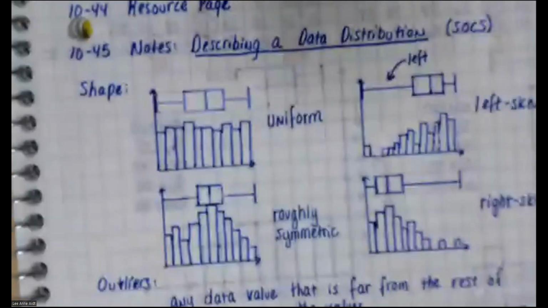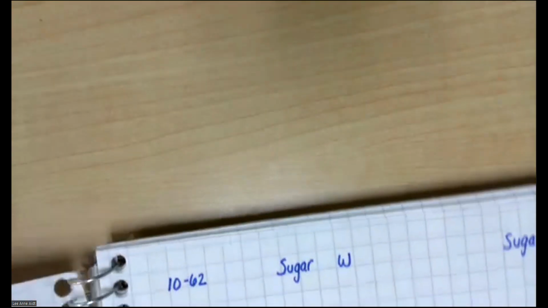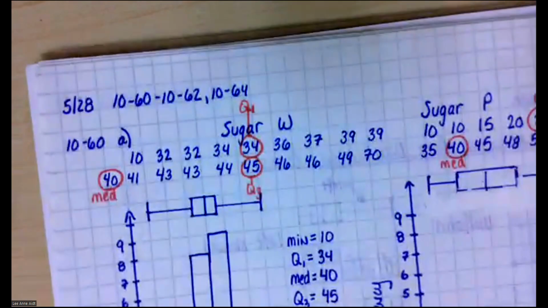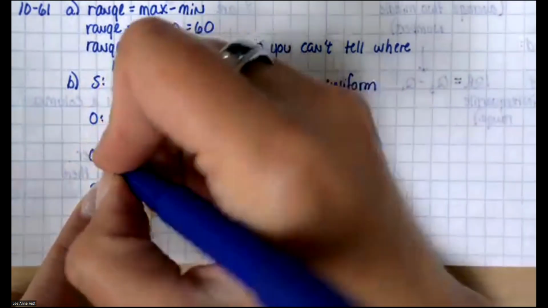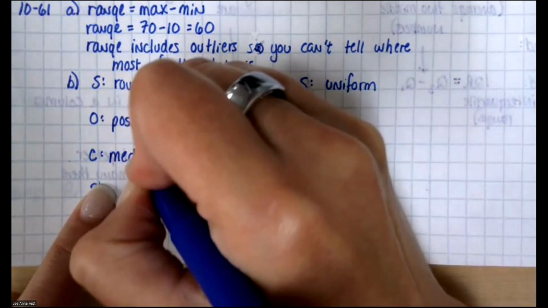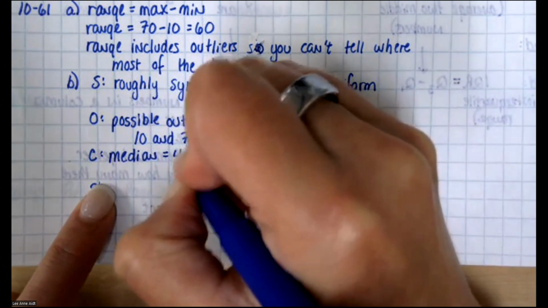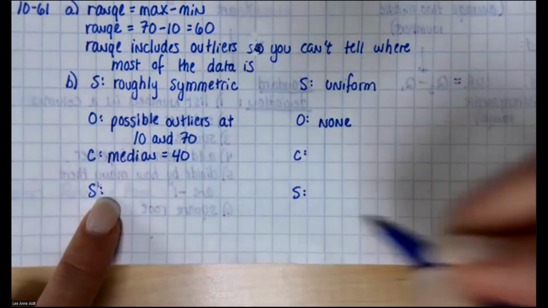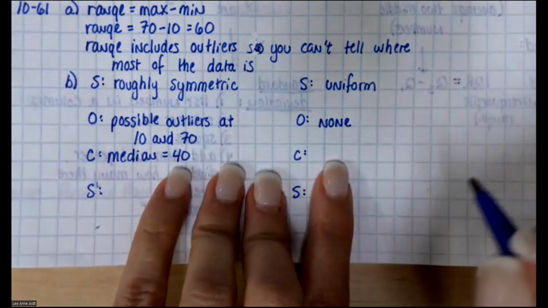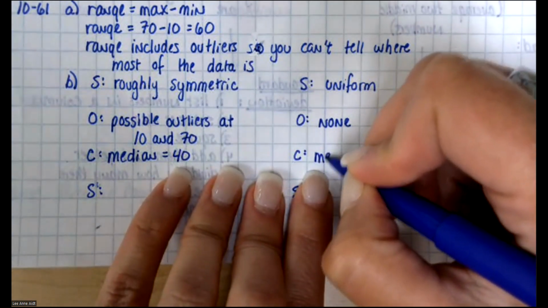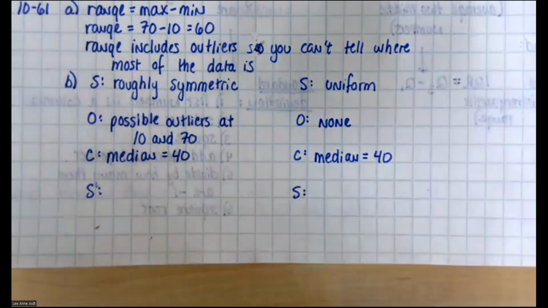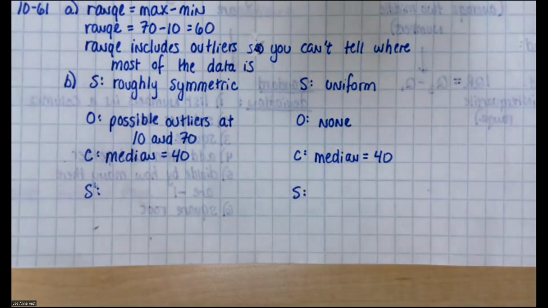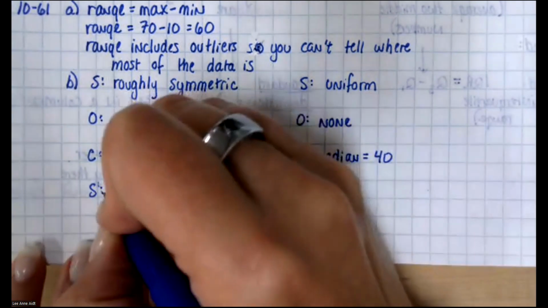That's why we got lucky, because we don't need standard deviation at the moment. Okay, so the center is going to be the median, which is 40 micrometers, I believe. And if you're comparing two graphs, you have to use the same statistic. And spread.